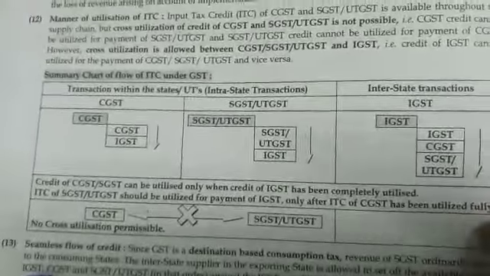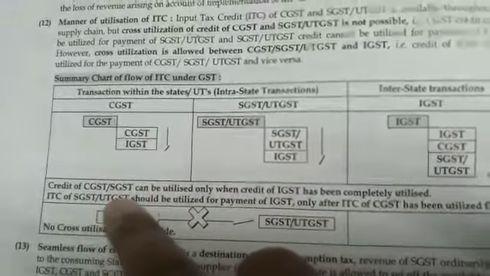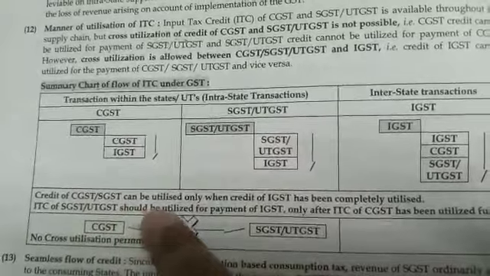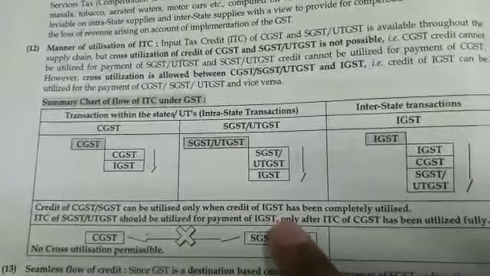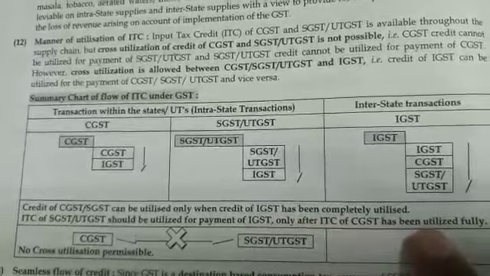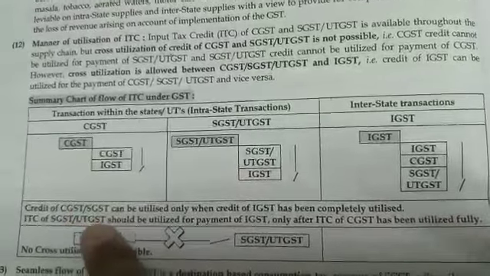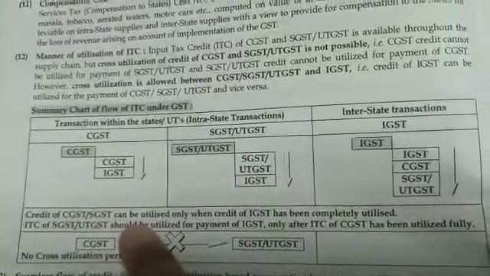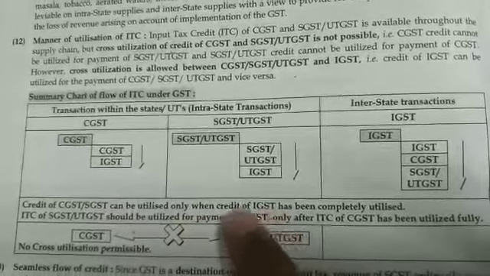Input tax credit of SGST and UTGST should be utilized for payment of IGST only after input tax credit of CGST has been utilized fully. Input tax credit of SGST and UTGST should be utilized for payment of IGST. That means here IGST is the output tax.